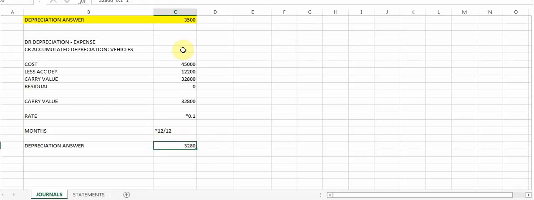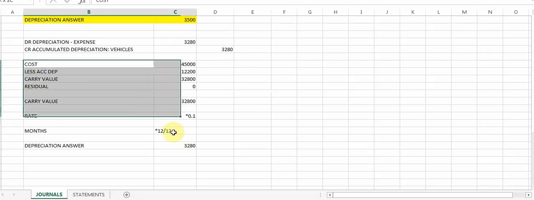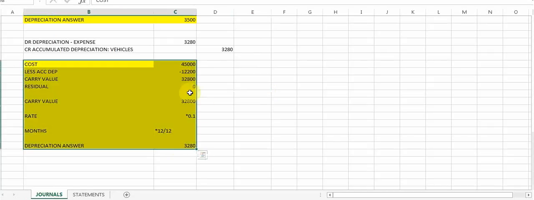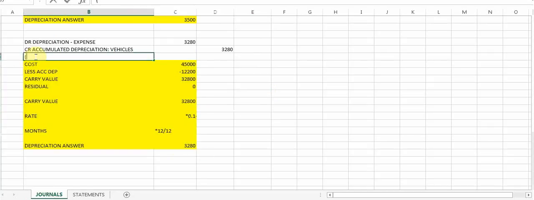So that gives me 3,280. I'm going to again just highlight the calculation, and then I'm going to put it into a narration, and I'm just going to say depreciation recorded for vehicles.